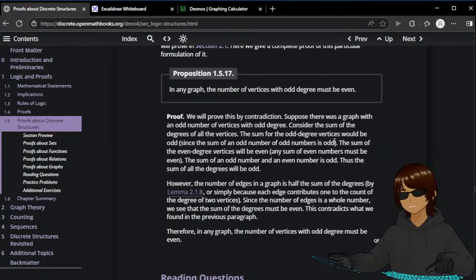The sum, no, wait. No, that's not true. It doesn't have to be half exactly. The sum of the even degree vertices will be even. The sum of an odd number and an even number is odd. So the sum of all the degrees will be odd.